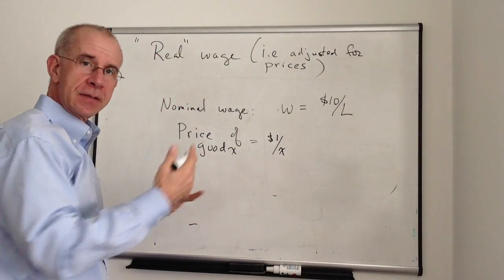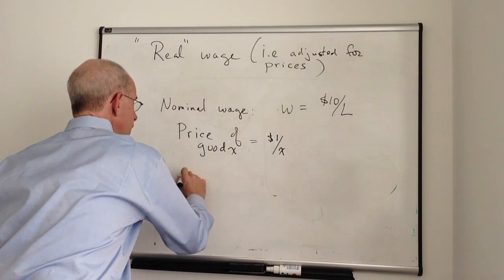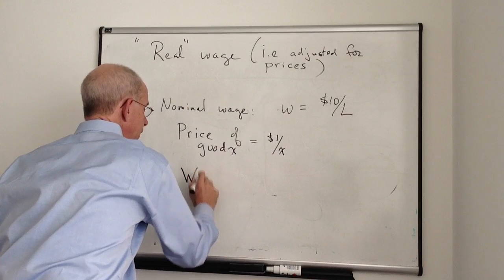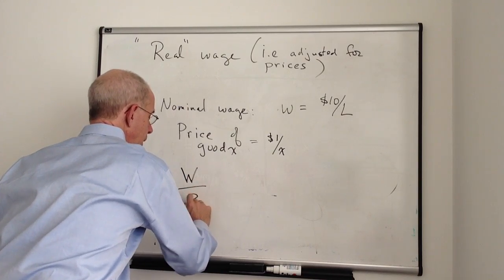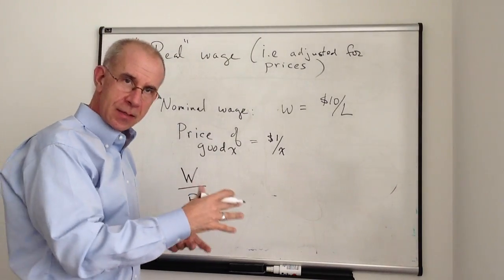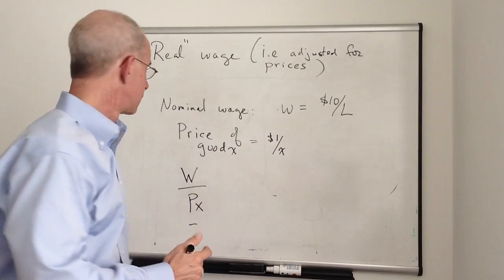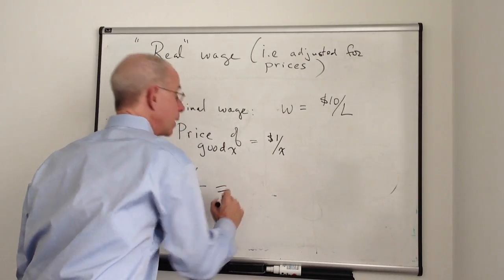Now, when we talk about this in more formal terms, what we're going to do is look at the wage divided by the price of X. And we're going to see that we get exactly that same result that we had discussed a moment ago.